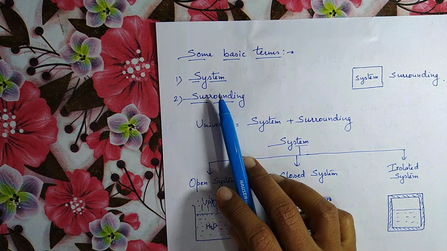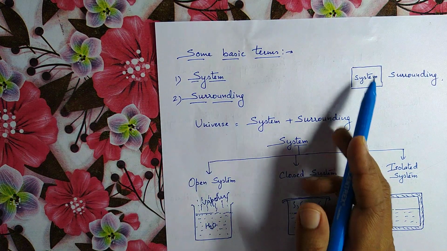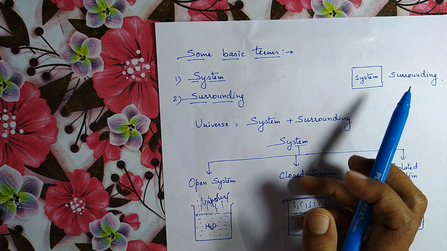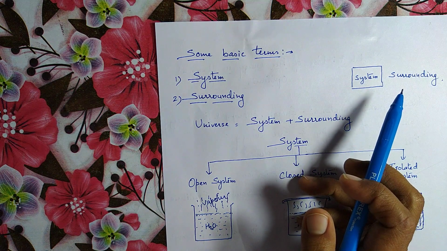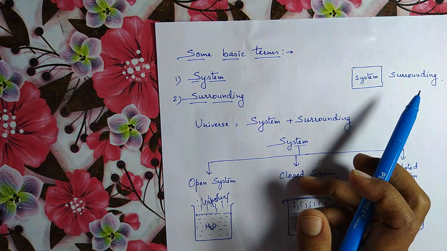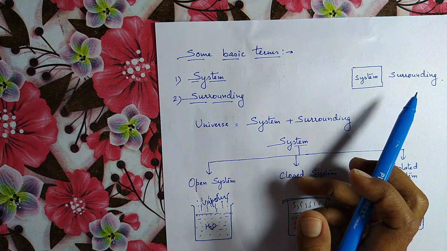We'll start with system. What is a system? Any system is a part of the universe under our study or under our investigation. This system may be solid, may be liquid, may be gaseous, it may be a plant or all that.